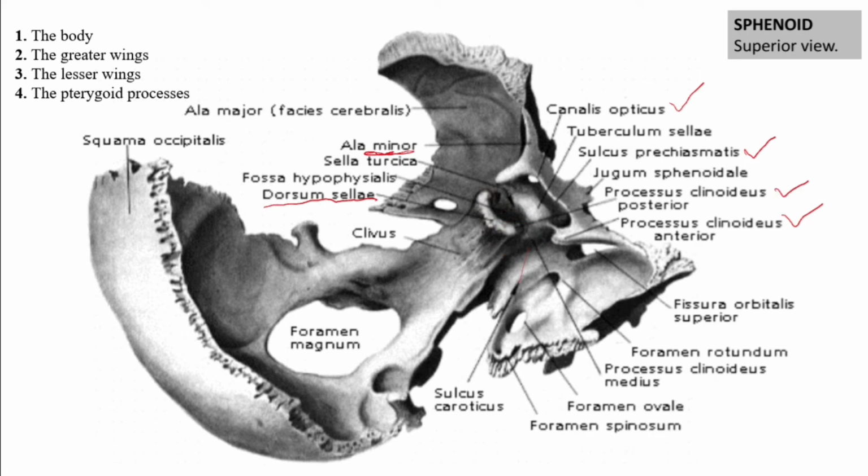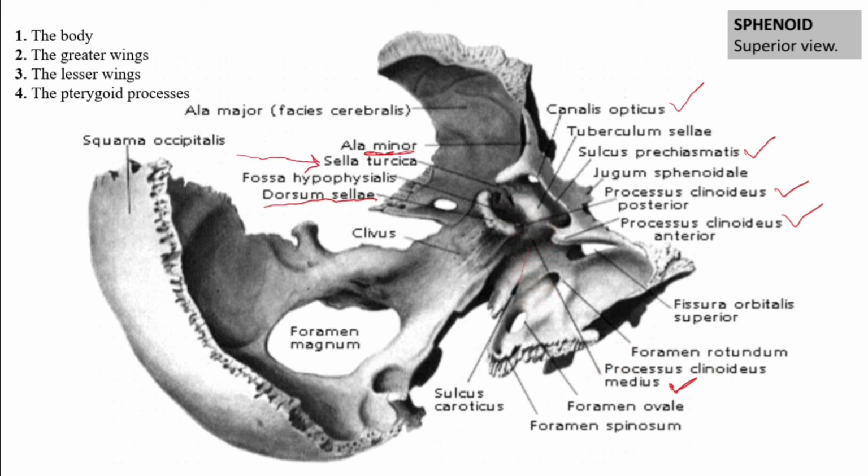Processus clinoideus posterior. Anterior, posterior, and then on the sides there are processes again. It's called what? Processus clinoideus medius here on the sides.